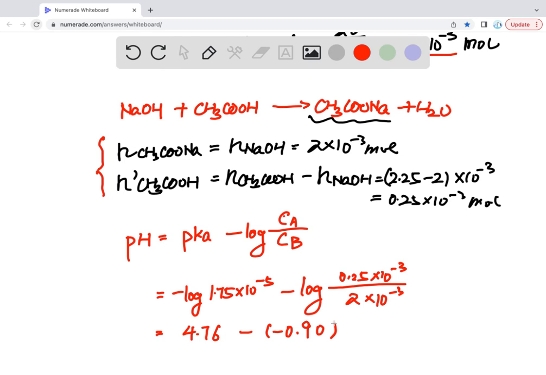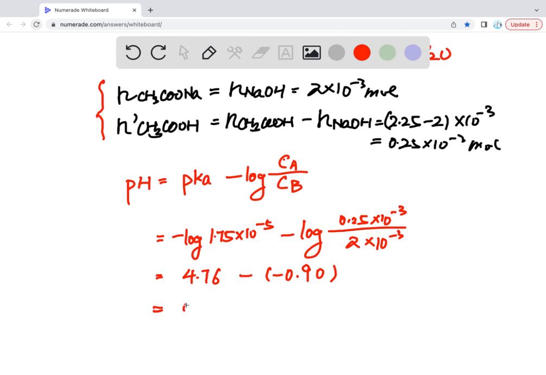So now it becomes about 5.66. So the final answer is 5.66.